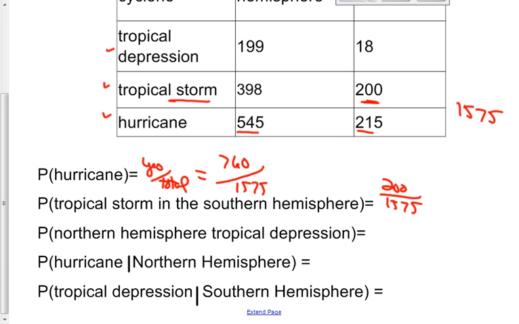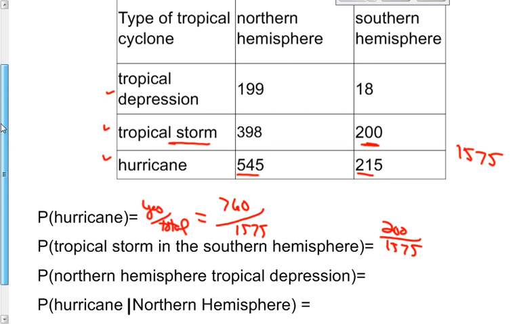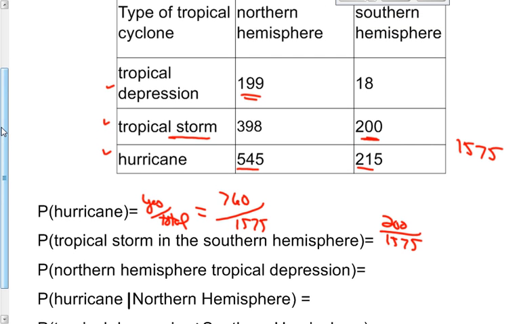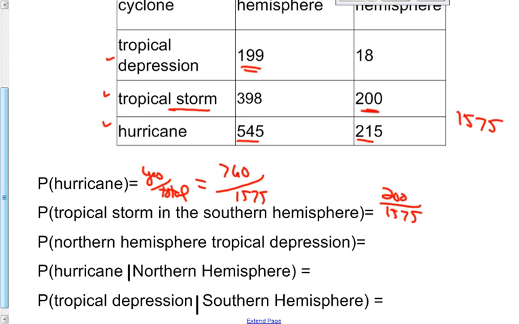The third one is also just a basic probability question. What's the chance that I have a northern hemisphere tropical depression? Right there, northern hemisphere tropical depression. 199 out of my total 1575.